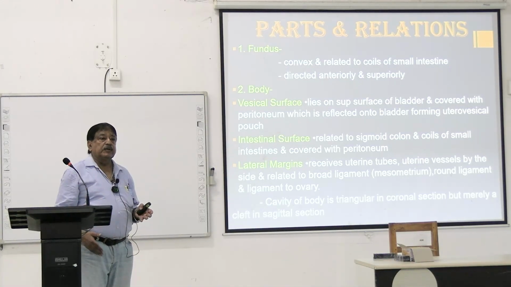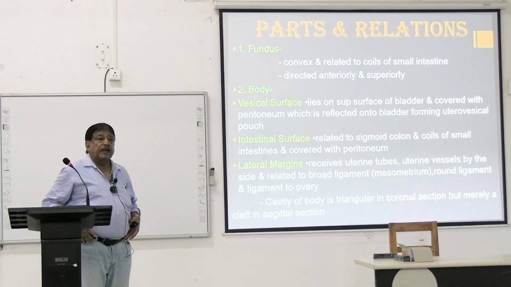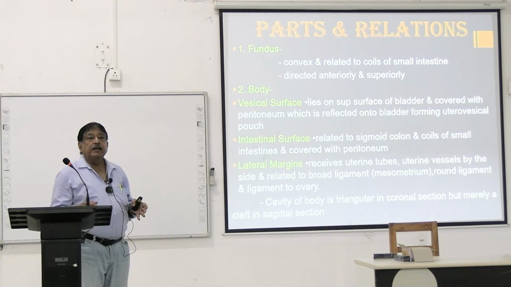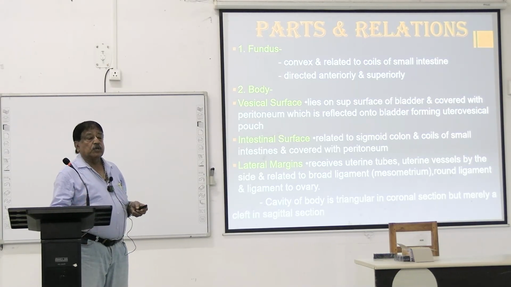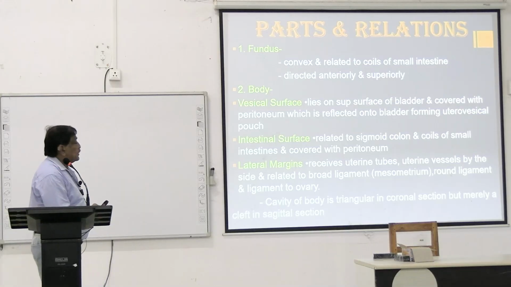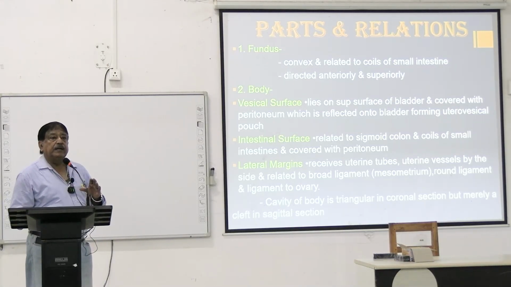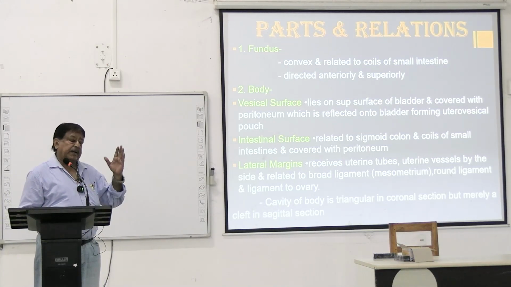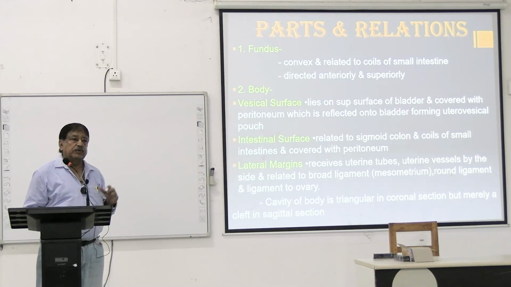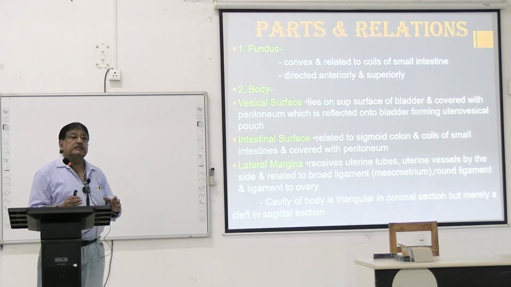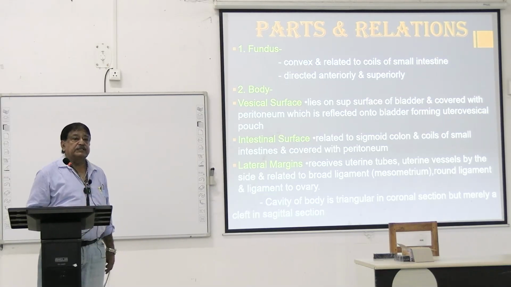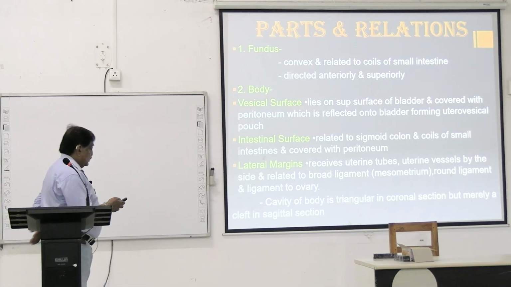Sagittal section of the human body, of the pelvis. Supports: now, you can see the relations. And when you go to your demonstration room or dissection period, please see these organs in your respective class.